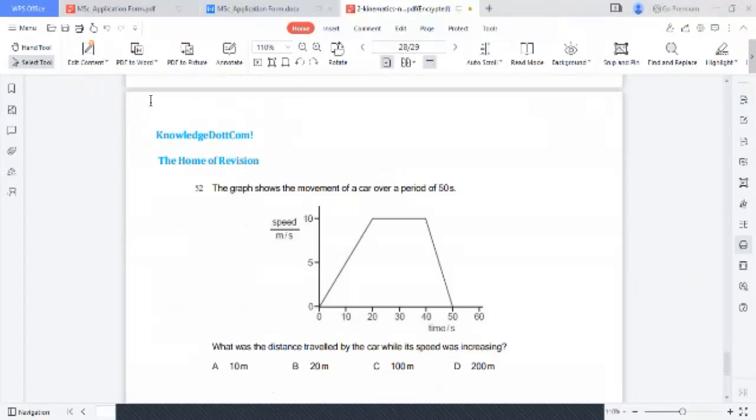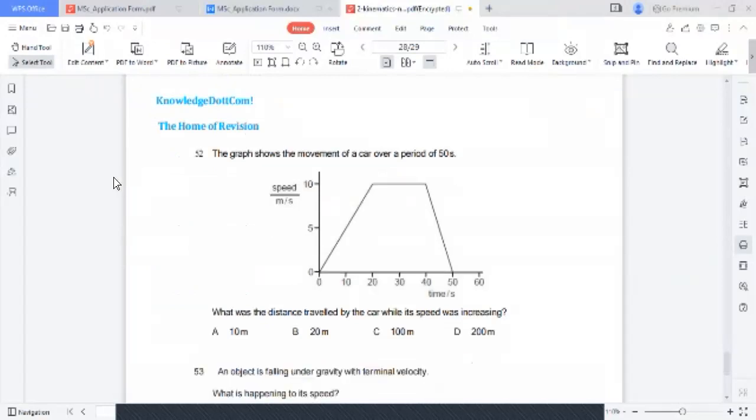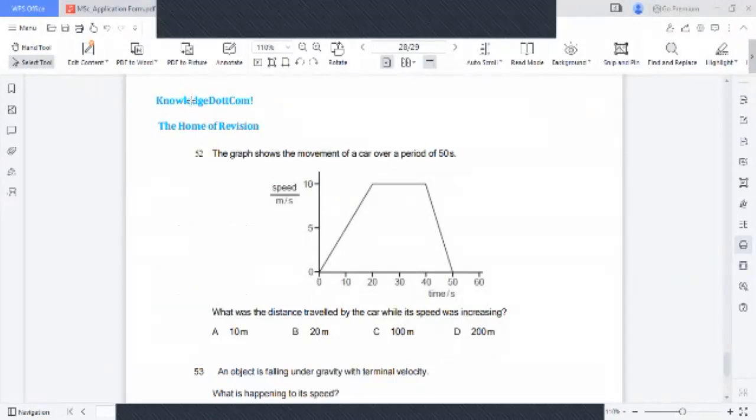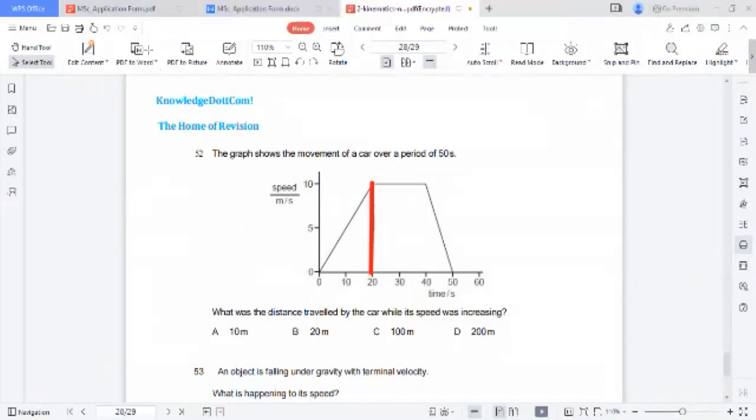52. The graph shows the movement of a car over a period of 50 seconds. What was the distance traveled by the car while its speed was increasing? You can see the speed of the car is increasing during the first 20 seconds. Till here the speed of the car is increasing.